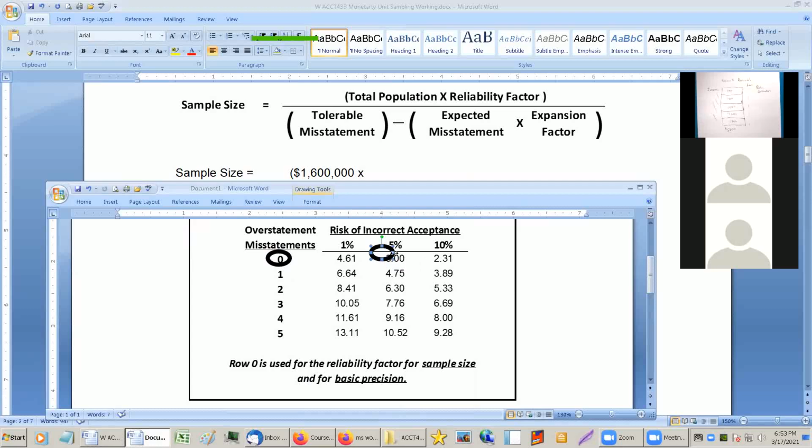I can't expand it because I'm in a, oh, there we go. Yeah, close enough. So line 0, 5%.